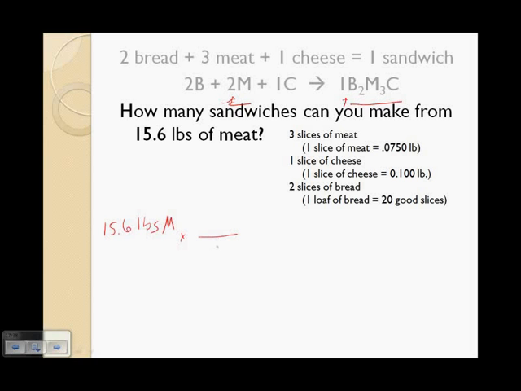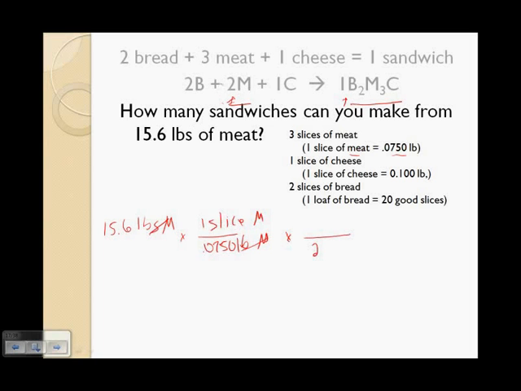So what I know is this right here: 1 slice of meat is 0.0750 pounds. I want pounds of meat to cancel. It's going to give me 1 slice of meat.